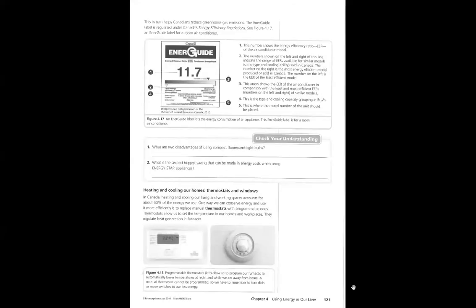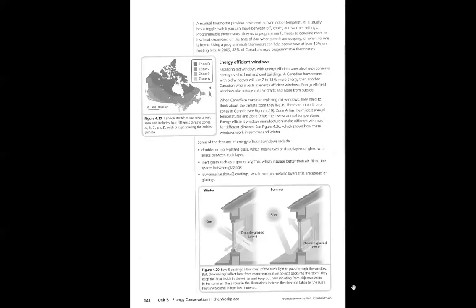We should know how to use that label, where you look at it to find out if it's a good product to buy. We did a lot on heating and cooling homes, so you should know about thermostats, and you should know about programmable thermostats and how they can help to keep your house cool in the summer or warm in the winter. Looking at energy efficiency, you should be able to talk about windows, doors, insulation, all of that.